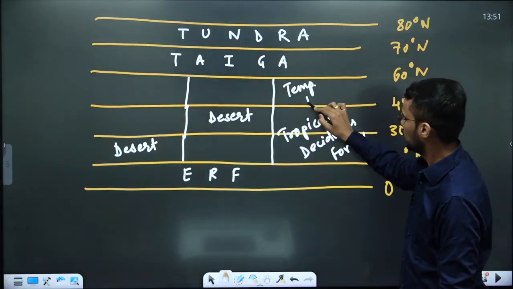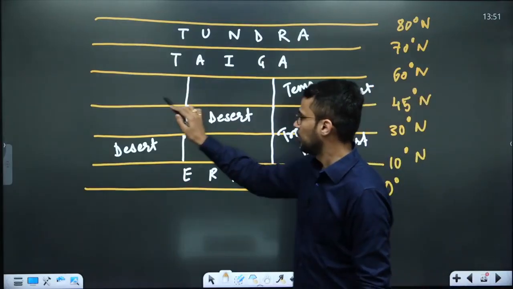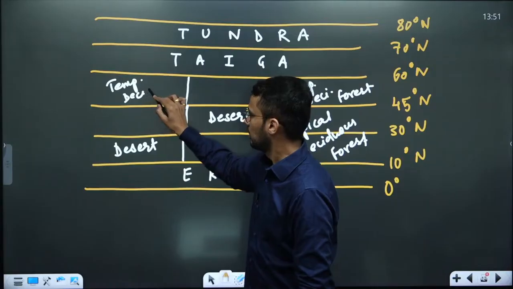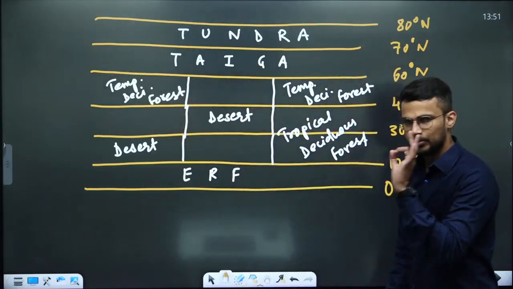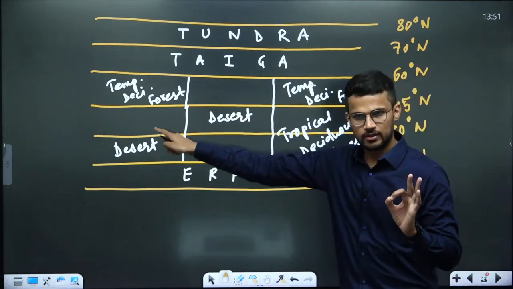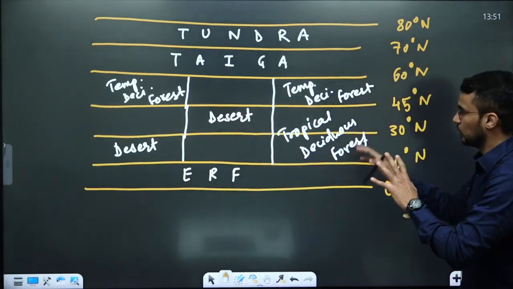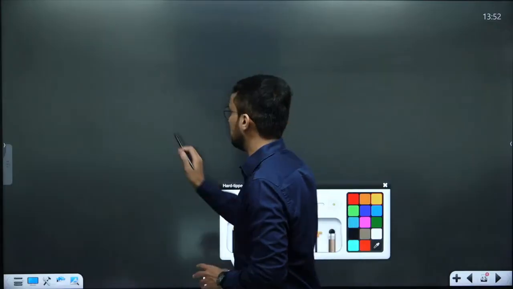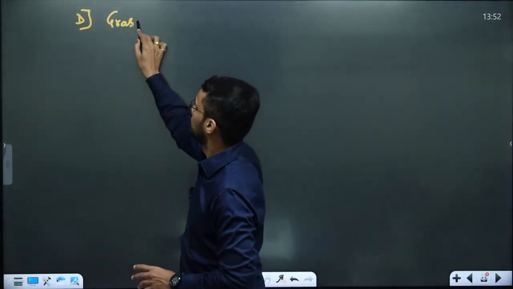I am writing in short, temperate deciduous forest. यहाँ पे भी temperate deciduous forest. ठीक है. Now we are left with 3 places. ये और ये. So let us firstly discuss this one. Next, so this diagram you can draw later. मैं फिर से ये दिखाऊंगा आपको. Next, now you can give heading B, and that is grasslands biome.